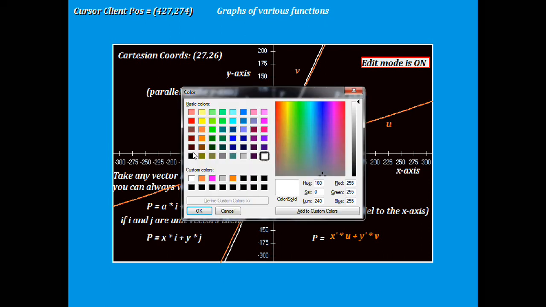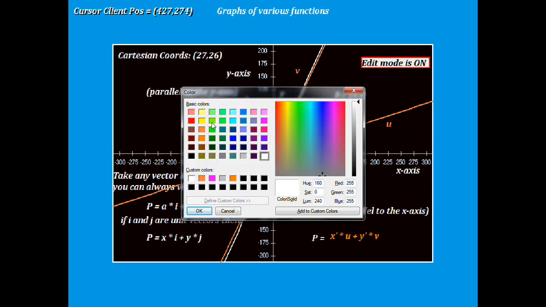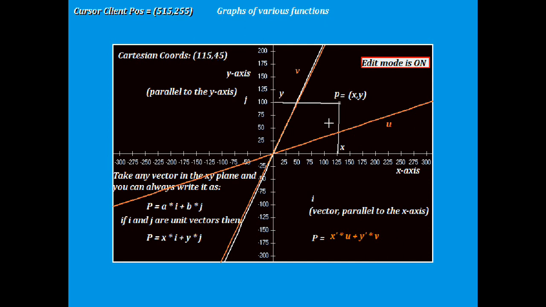I have to use a different color. To get to P, I'm going to draw a line parallel to v.